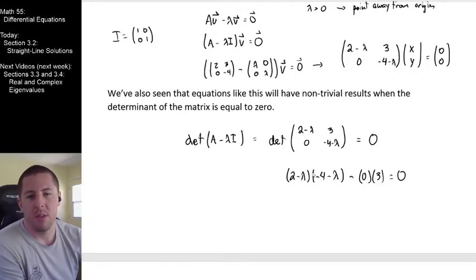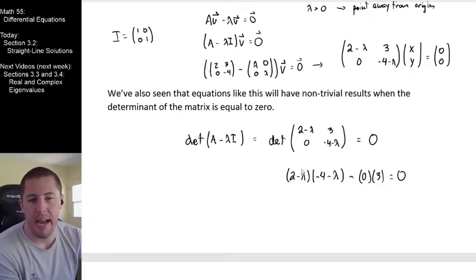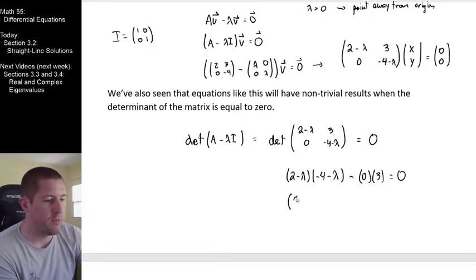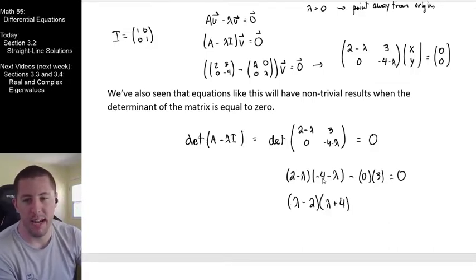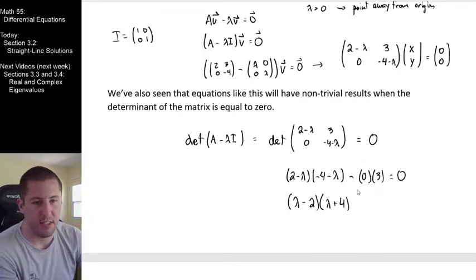So I'm going to factor out a negative from this term, and a negative from this term, which allows me to write this a little more nicely as lambda minus 2, lambda plus 4. And notice, by factoring out a negative from both, those negatives just canceled. This term was 0, so that's equal to 0. And so it looks like we're arriving at lambda equals 2 and negative 4. So what the heck does that mean to us right here?